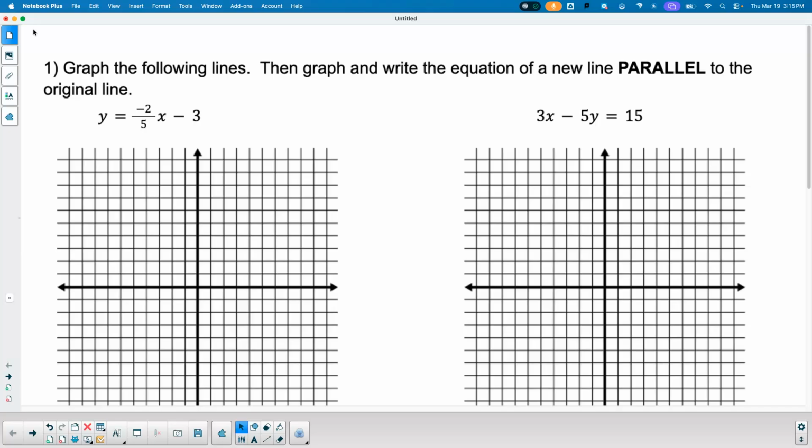Your assignment today is to do 7.4.5. It is in your homework packet. The first two are talking about graphing the line and then graphing a second line that is parallel to that line. So remember that parallel has the same slope.